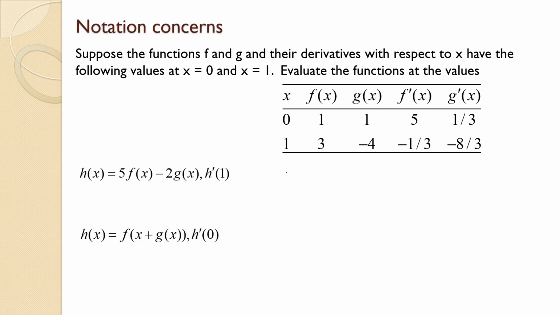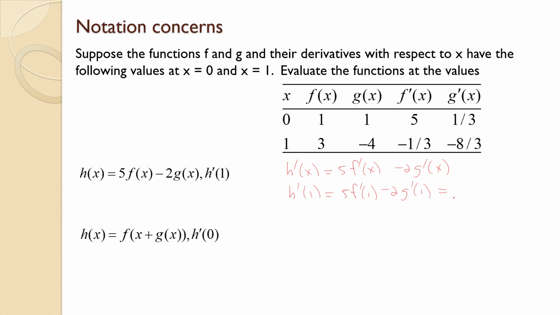Well, by the derivative rules, the derivative of h with respect to x would then be 5 times the derivative of f at x minus 2 times the derivative of g at x. So then h prime of 1 would be 5 times f prime of 1 minus 2 times g prime of 1. But from the table, I know what those are.